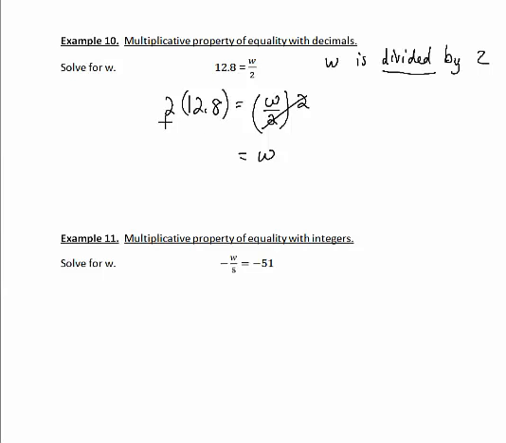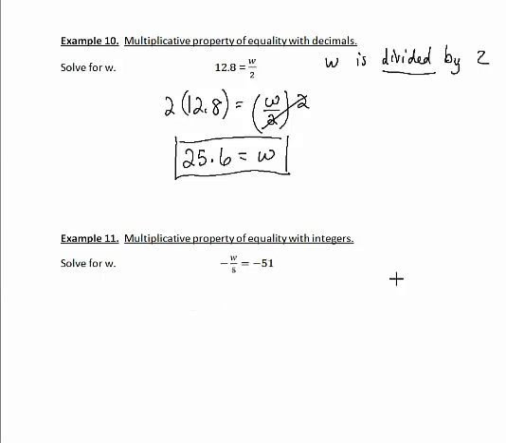And now I carry out the multiplication on the left side. 2 times 12 is a 24. 2 times a 0.8 is a 1.6. If I add the two together, I get 25.6. And there's my solution. W equals 25.6.